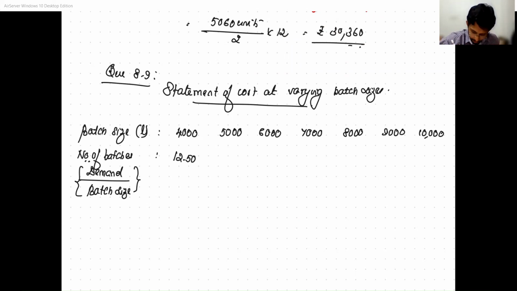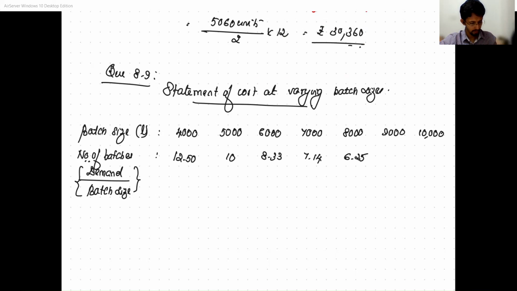Now this will be 10. Now 50,000 divided by 6,000, that is 8.33. Then 50,000 divided by 7,000, that is 7.14. Next is 50,000 divided by 8,000, 6.25.